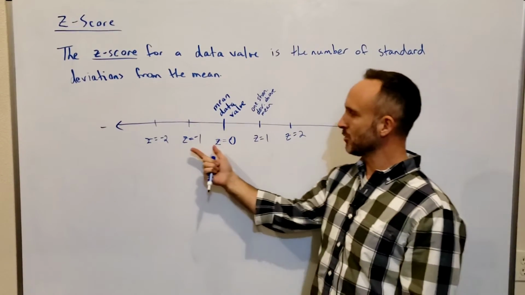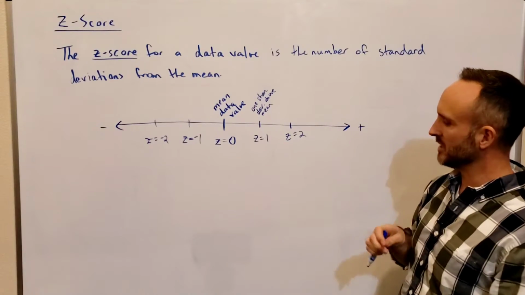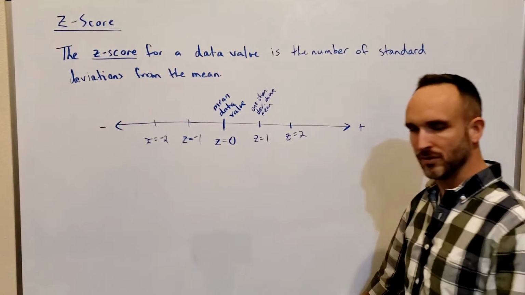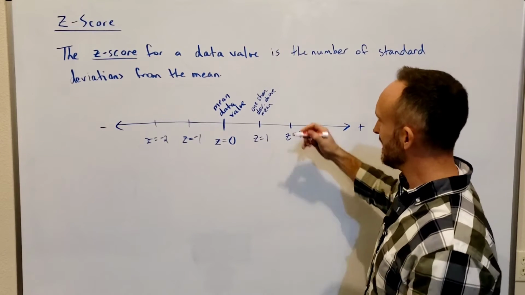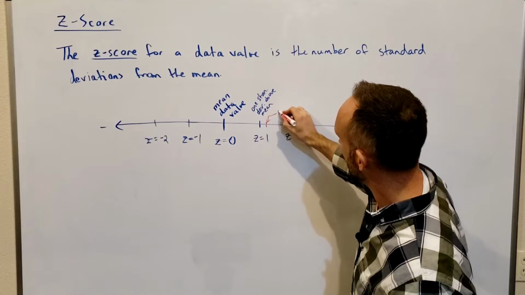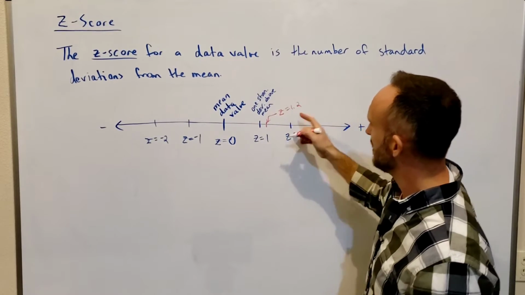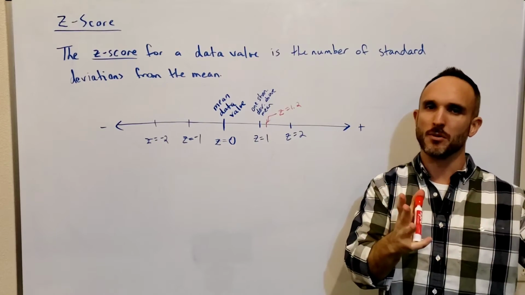Negative z-scores indicate the data value is below the mean, positive z-scores indicate above. And I don't want to give you the false impression that you can only have whole number z-scores. You can have a z-score of maybe 1.2 as well. You can be a decimal distance of standard deviations from the mean.